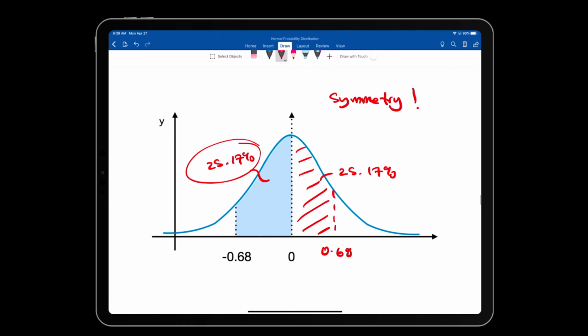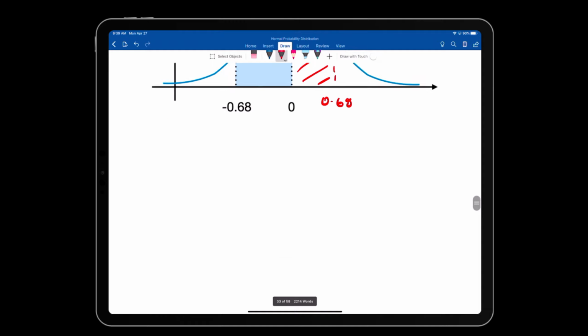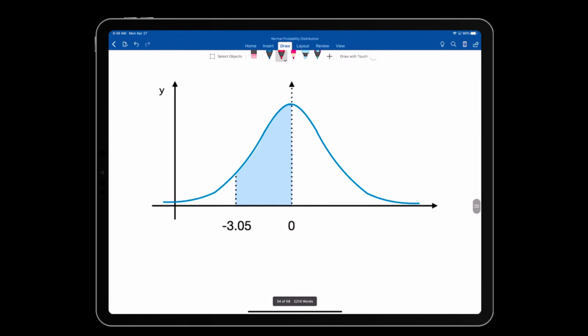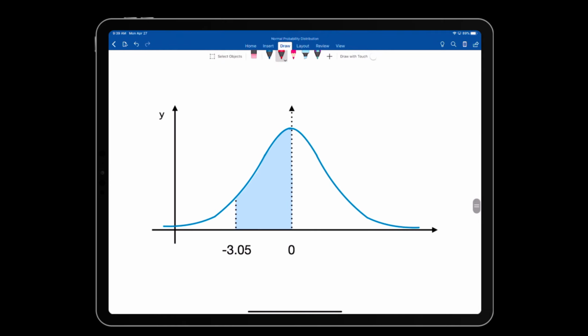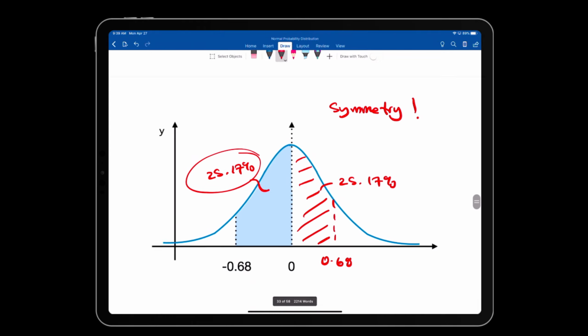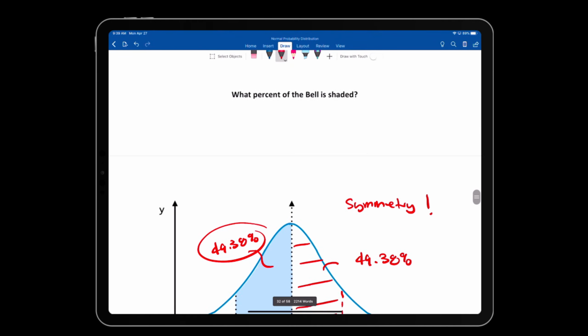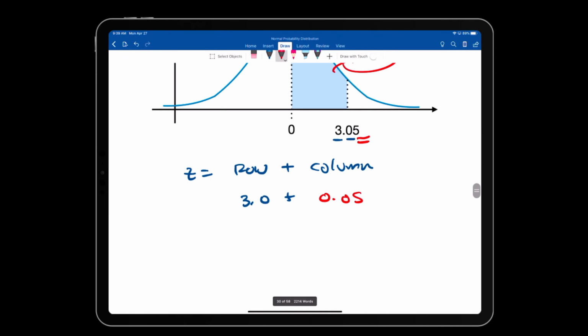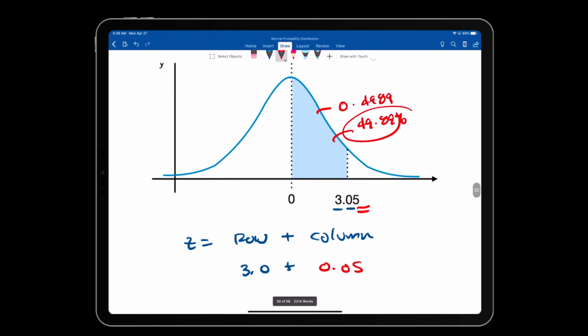Just use symmetry, ladies and gentlemen. And now I hope we kick this up. Oh, we already have this one. You guys know the drill. Because of symmetry, 3.05. Hopefully we have that. 49.89%.